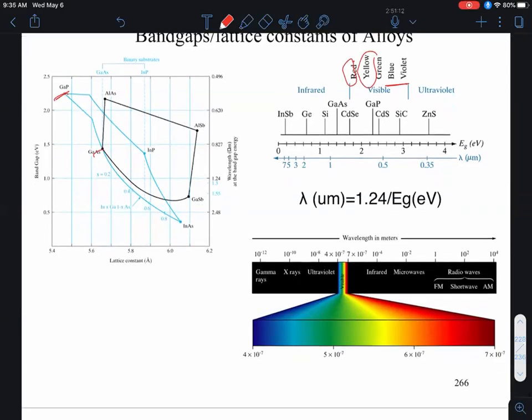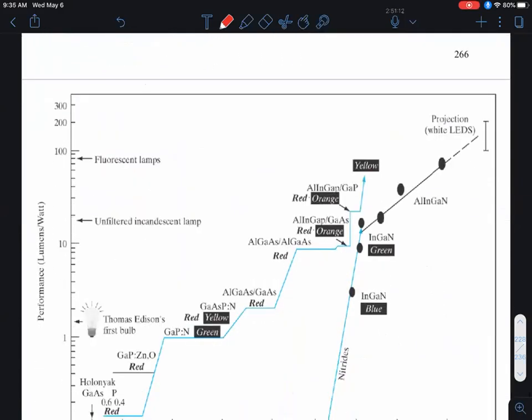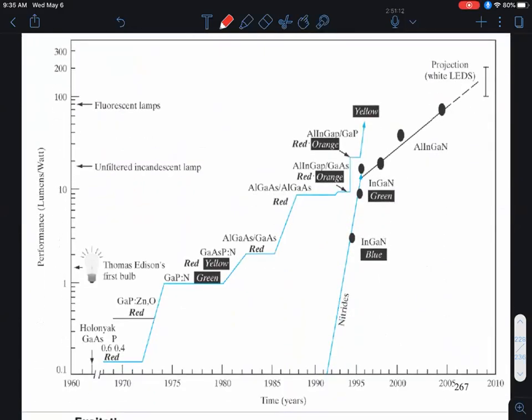People could not get high enough material quality in the high band gap systems, the so-called gallium nitride based systems, indium gallium nitride or aluminum gallium nitride and things like that. Until in the late 90s, early 2000s, a group in Japan, Shuji Nakamura and his colleagues, were able to grow high quality nitride semiconductors and alloys, things like indium gallium nitride.